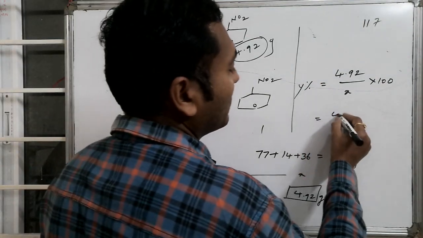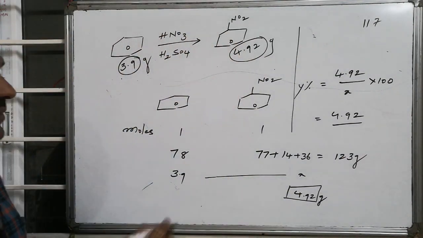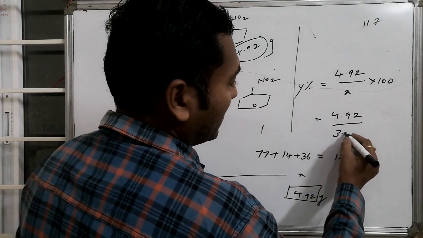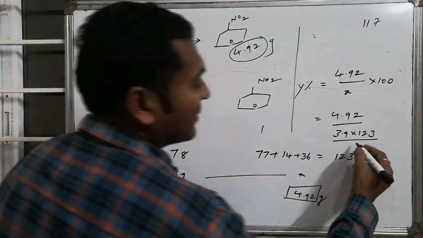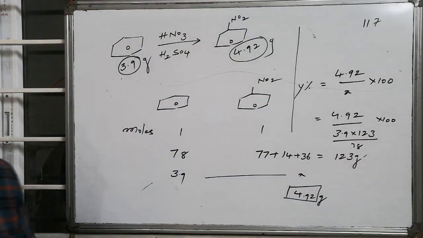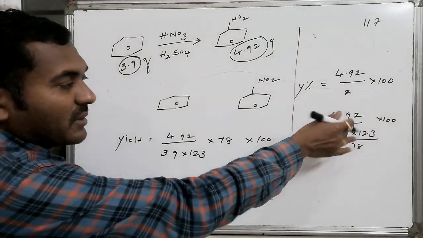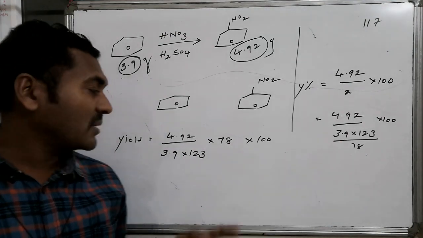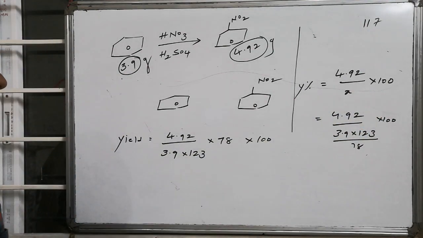Theoretically, if I cross calculate, X matches as 3.9 into 123 divided by 78. So the yield calculation can be rewritten as 4.92 by 3.9 into 123, the denominator becomes numerator, into 100 remains as it is.